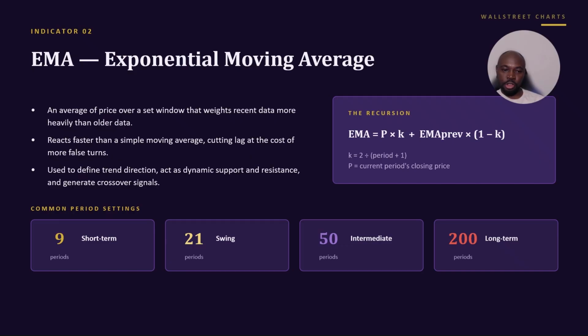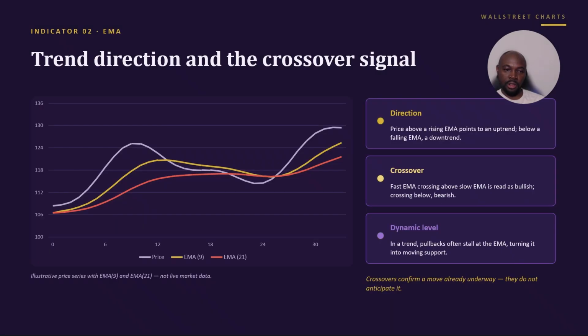So 9 is short term, 21 is swing period, 50 is intermediate, 200 is long term. The trend direction and the crossover signals are all giving us potential buy or sell notions. Look at the 9-day moving average, the 10-day, the 20-day moving average. Everything is tending upwards.